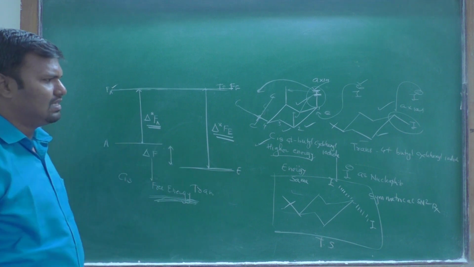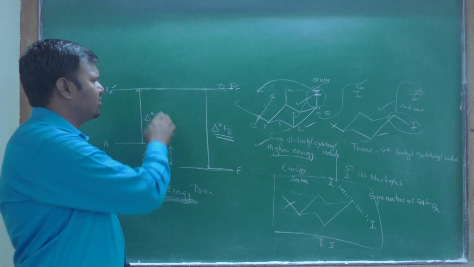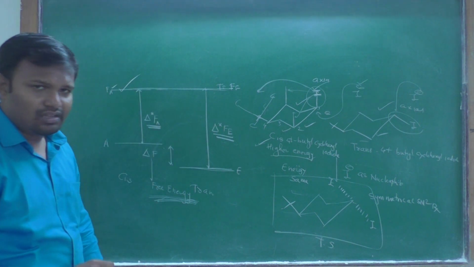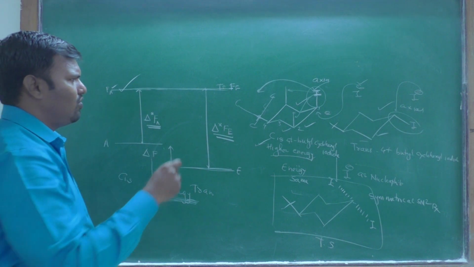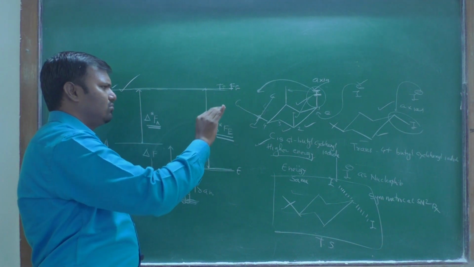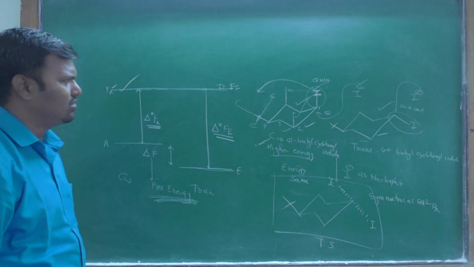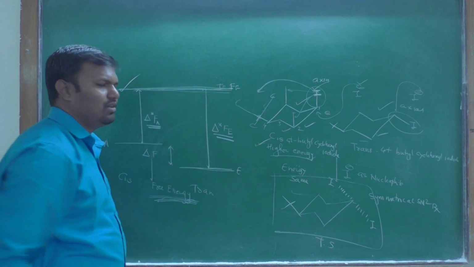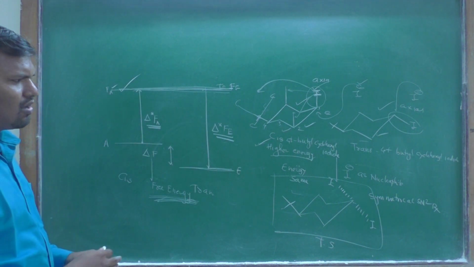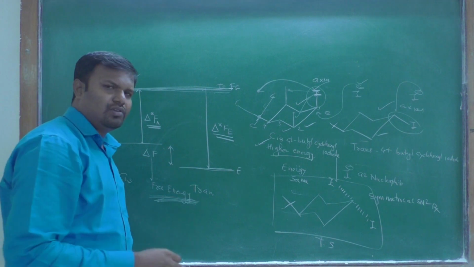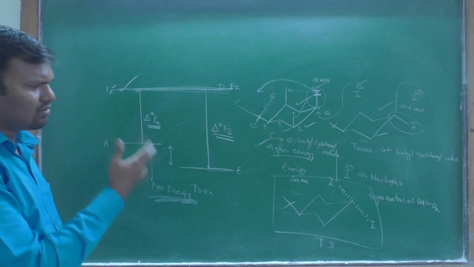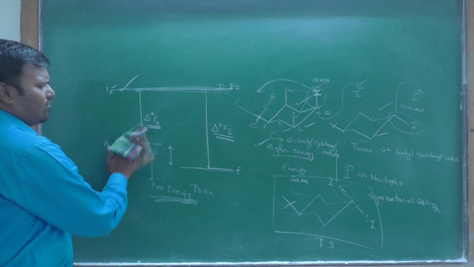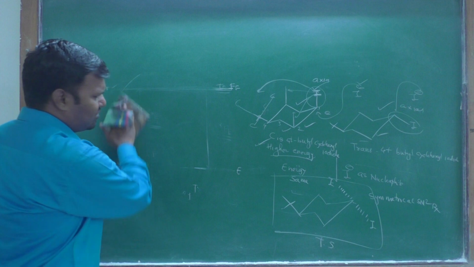For the symmetric case it is somehow easy because the transition states have the same energy. But when you have the unsymmetrical SN2 reaction, the transition state does not have the same energy. Therefore it is somewhat difficult to understand compared with the symmetrical SN2 reaction. For the understanding, we have two examples.